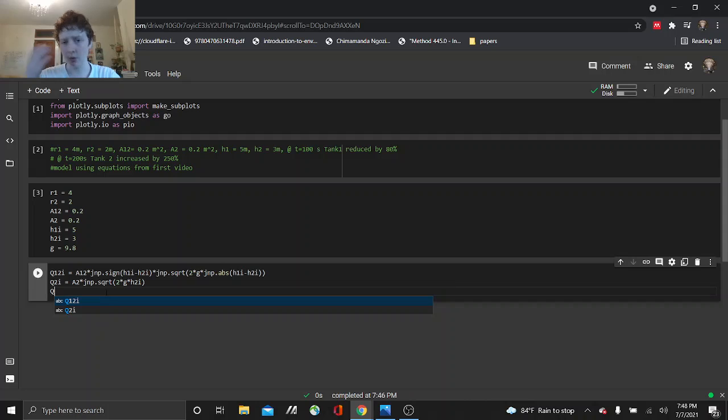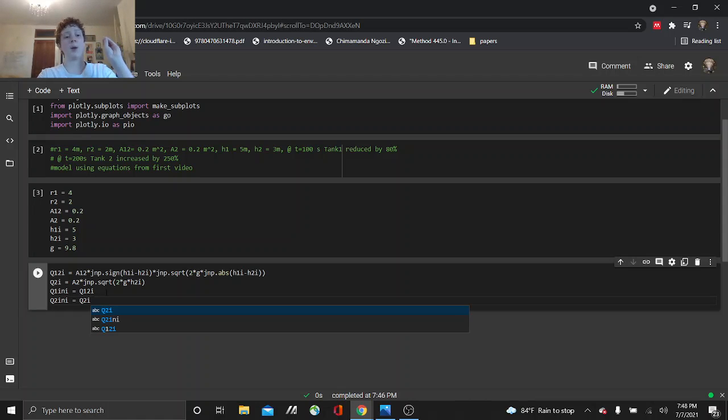The flow of the liquid in equals the flow of the liquid out. So we've got Q1 in is equal to Q12 initial. And then we've got Q2 in initial is equal to Q2, the stuff going in minus the stuff leaving.